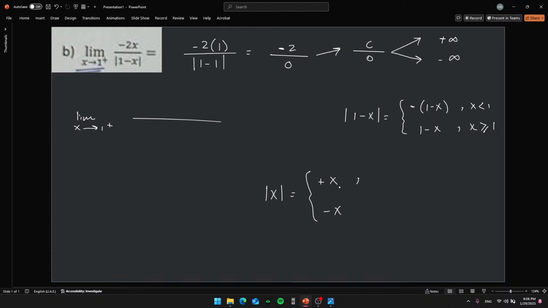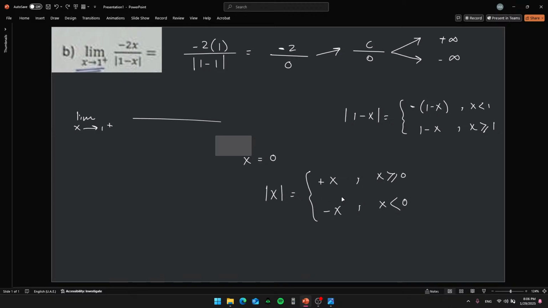To know the domain of each function, you just equal the inner function with 0, so you get x equals 0. So when x is greater than or equal to 0, we'll use the positive x function, and when x is less than 0, we'll use the negative x function.